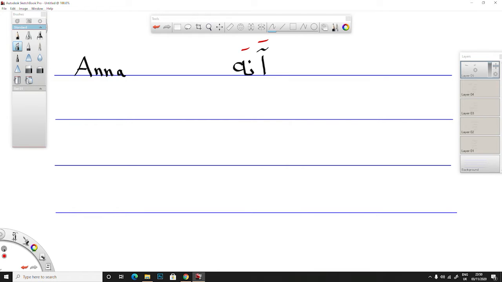This is alif mamduda, and we write it when we extend the vowel a, ana. The next name is a compound name. It's Crystal Methide.